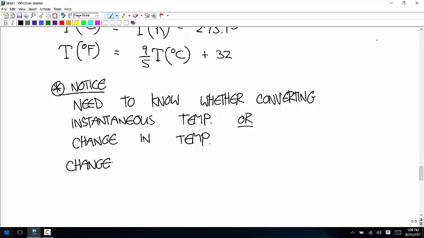The changes in temperature don't have the additive constants.